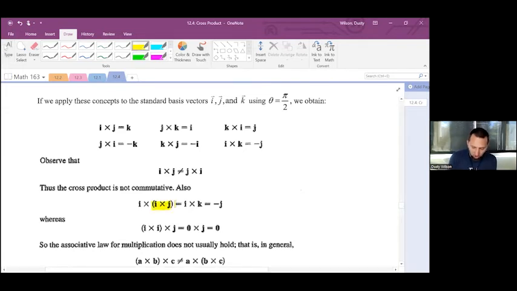Here, i and j are associated. Here, i and i are associated, and yet, red warning, negative j is not the same as 0. All we were doing was switching the association. So the associative law for multiplication does not hold generally. That is, A cross B cross C is not generally equal to A cross B cross C with the association switched.